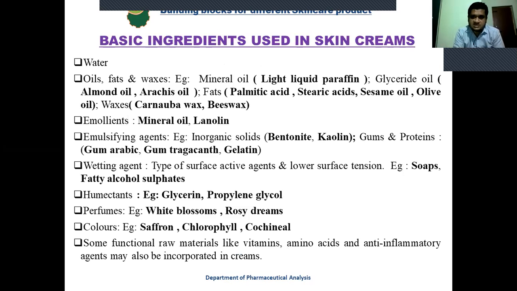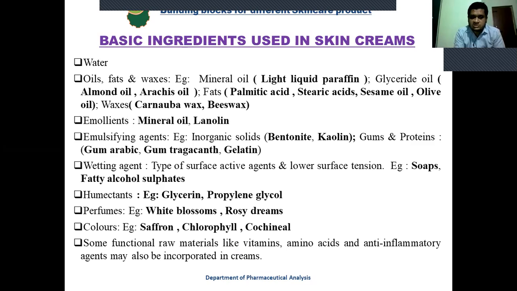Now, what are the basic ingredients of skin creams? These are the basic ingredients, meaning if you prepare a moisturizing cream, a vanishing cream or a cold cream, or almost any other cream, and we know there are so many creams.